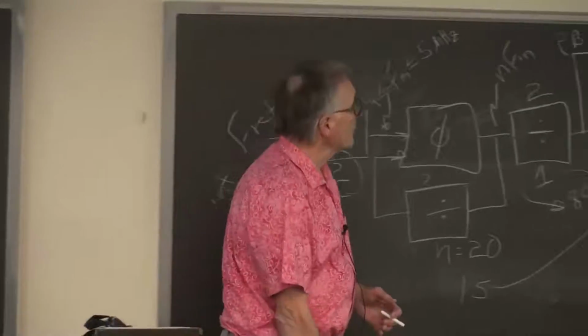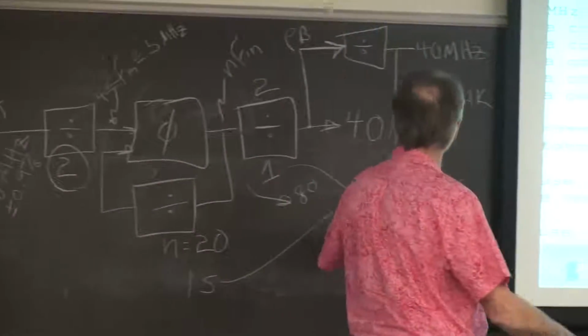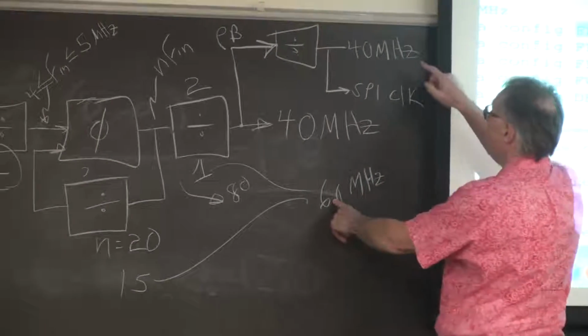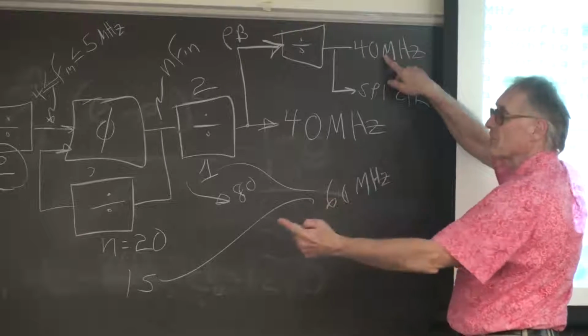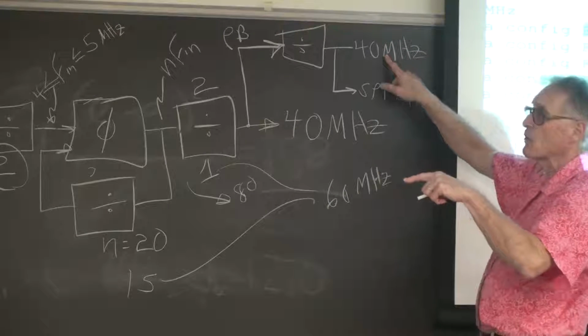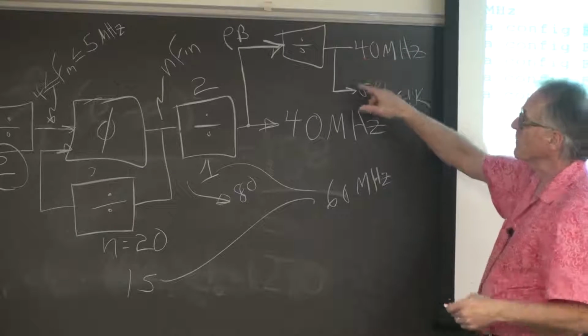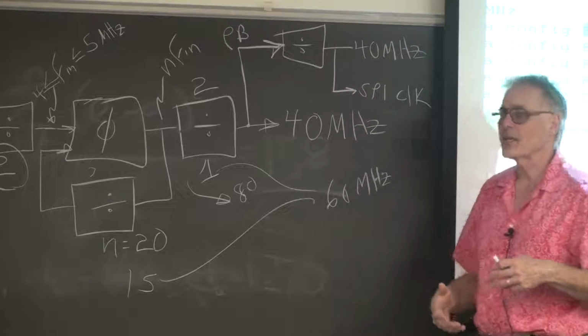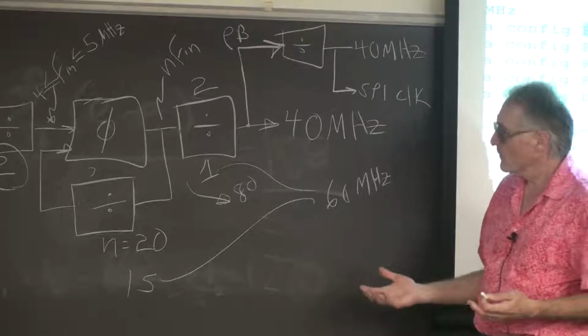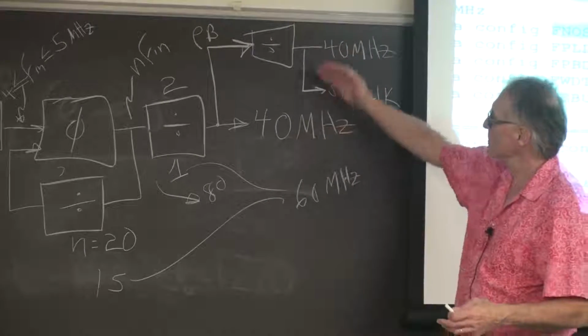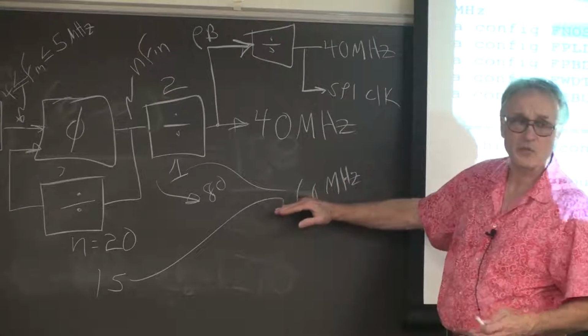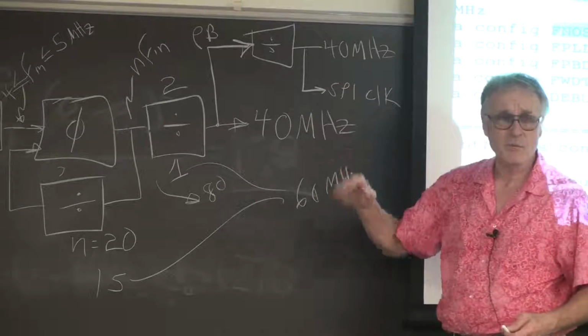So if you make this 60 megahertz and run this at 60 and divide by 2, it's not going to work. It's too fast. If you divide by 4, you'll get 15 megahertz. It would be nice to have 20. Well, all right, so there's going to be some sort of complicated trade-off between the CPU rate and the maximum SPI rate.